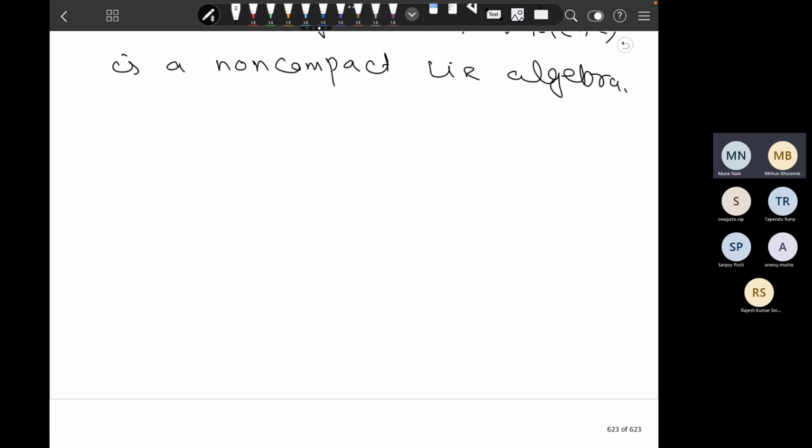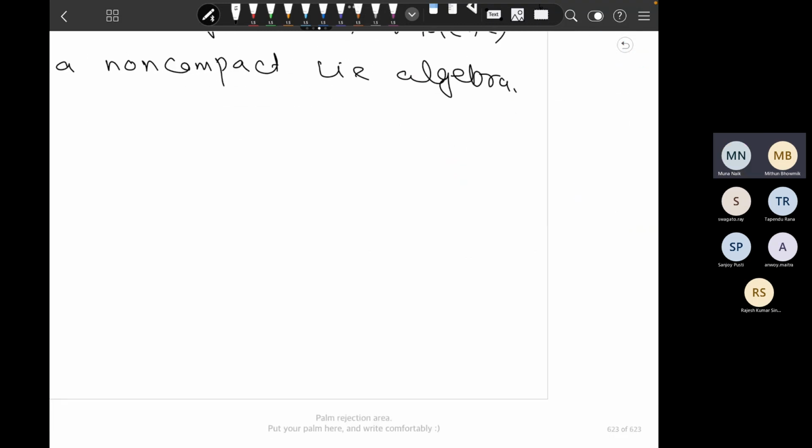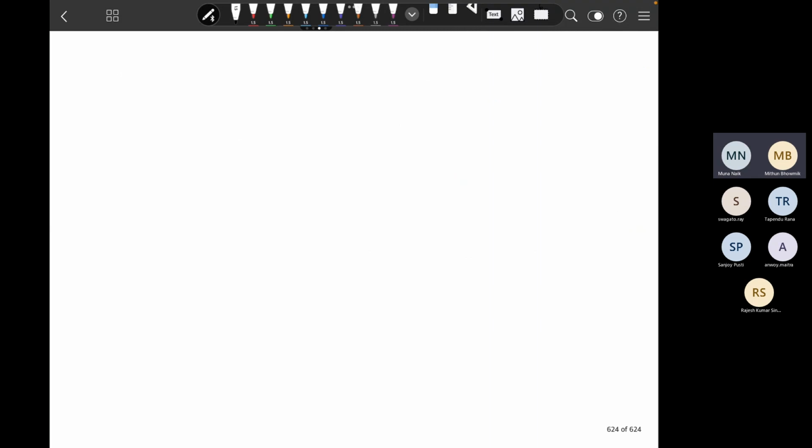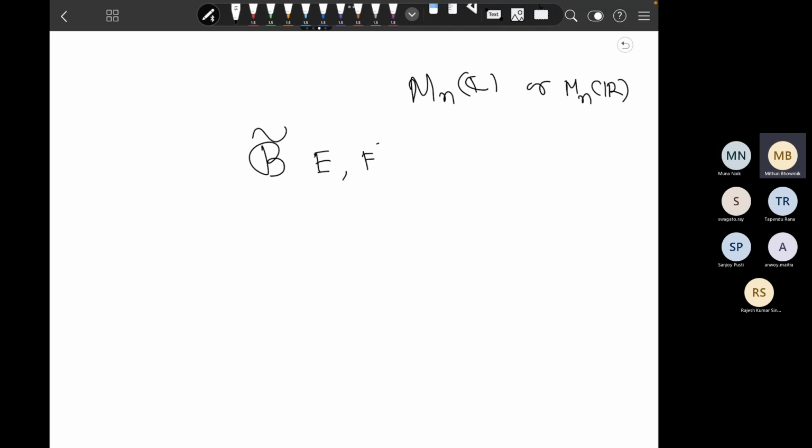Now take MNC or MNR. If I ask you to produce a symmetric bilinear form on MNC or MNR, you will say B of E, F is the trace of EF.